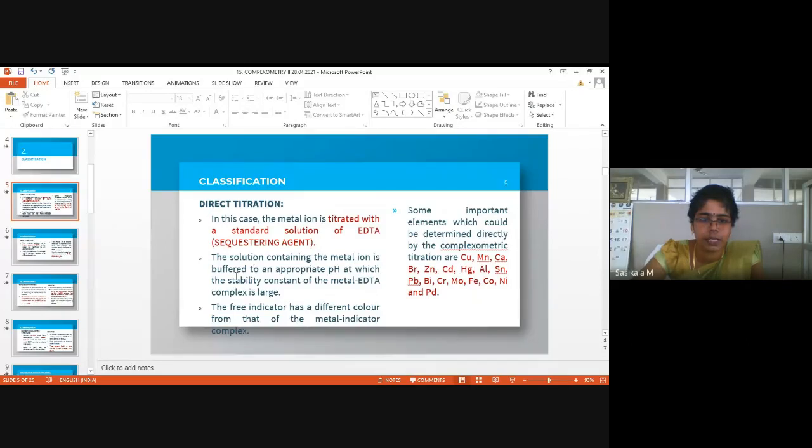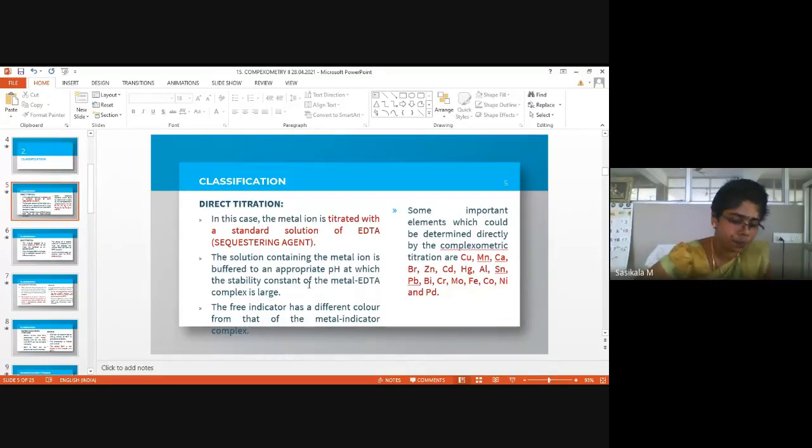That's why the point here is mentioned as buffered to an appropriate pH, at which the stability constant of the metal and EDTA complex is large. The complex between metal and EDTA will be stable, so we maintain the solution pH by means of a buffer at a basic pH of around 11.